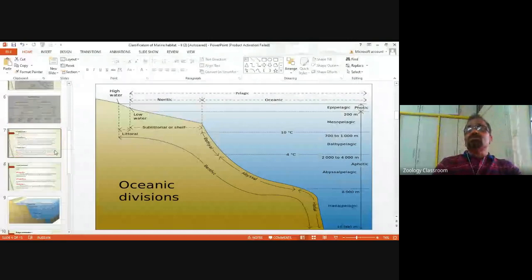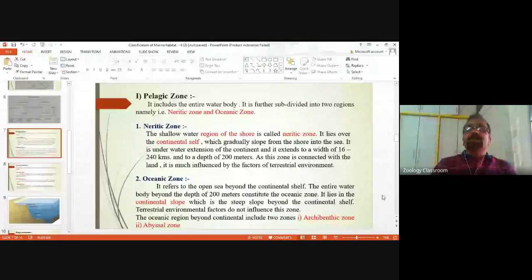Now, the neritic zone, the shallow water region of the shore, is called the neritic zone. What is the actual limit of this zone? It lies over the continental shelf. Now, what is this continental shelf?